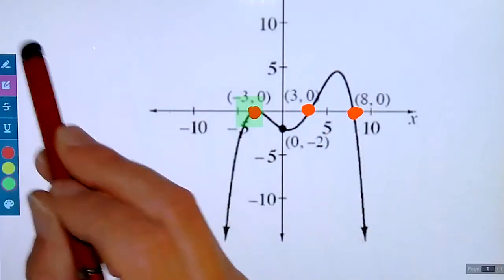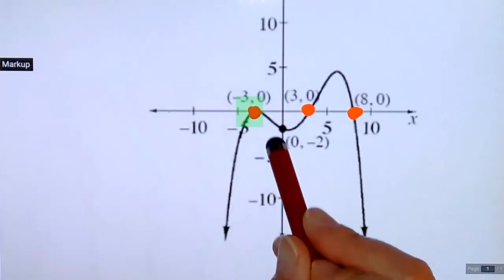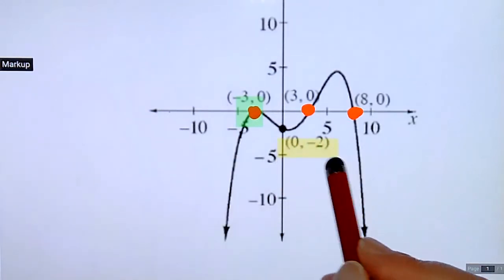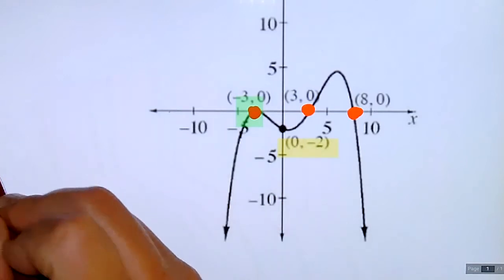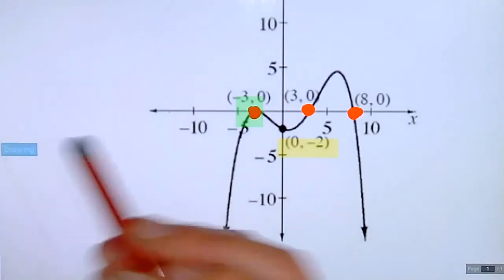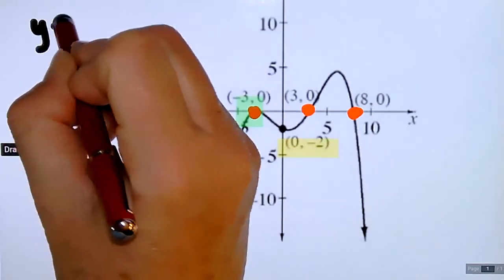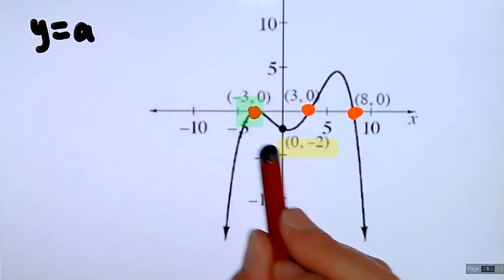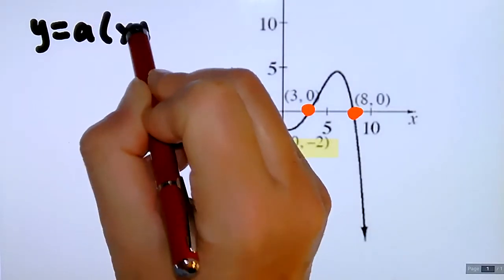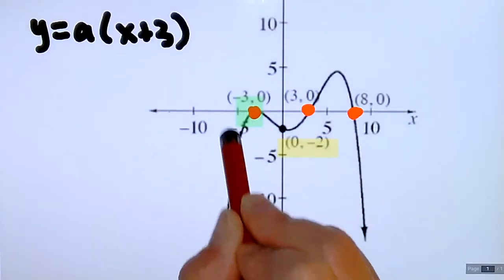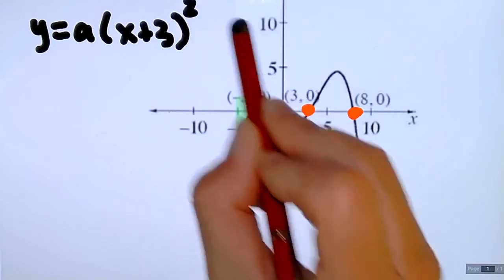And then they did give us a point. This point right here, 0, negative 2, that's the one we're going to use for our a. So let me write y equals a. And again, this negative 3 came from an x plus 3, and it bounced off, so it is a square.